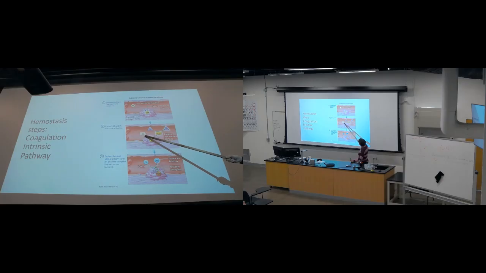So 11 now becomes 11A. And then 11A is the enzyme that activates factor 9. So 9, which was inactive, now becomes active. So it goes from 12, 11, and 9.